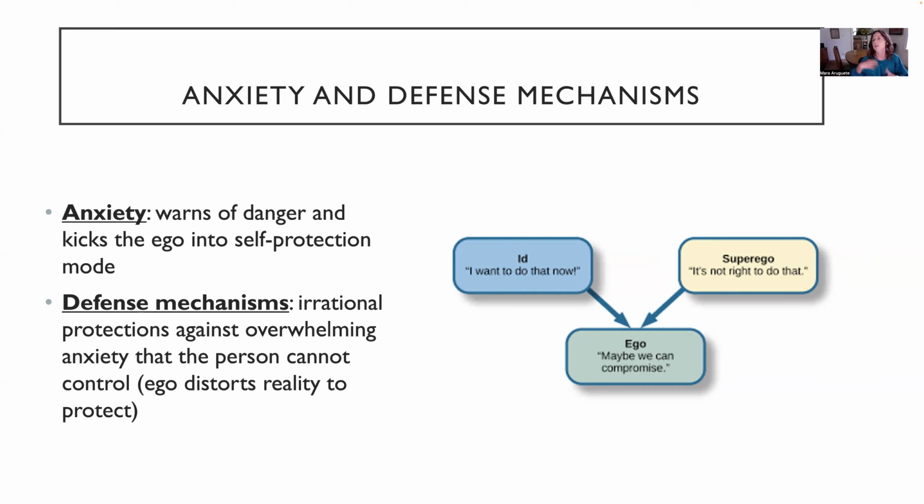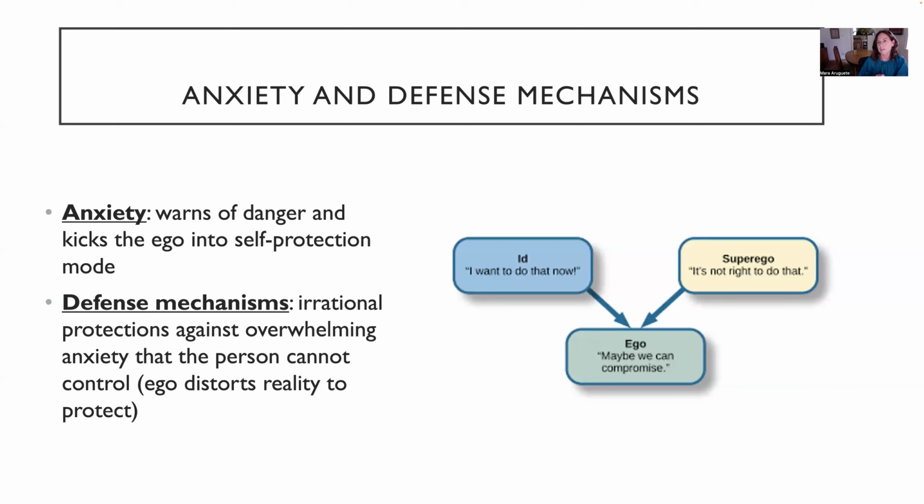We get anxious because we think that there's some potential or impending danger. But under psychoanalytic theory, anxiety basically kicks the ego up into self-protection mode. It says, now I've got to protect myself.